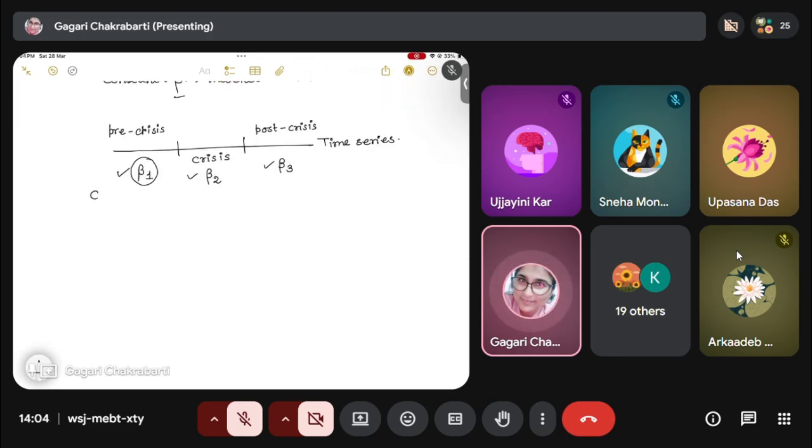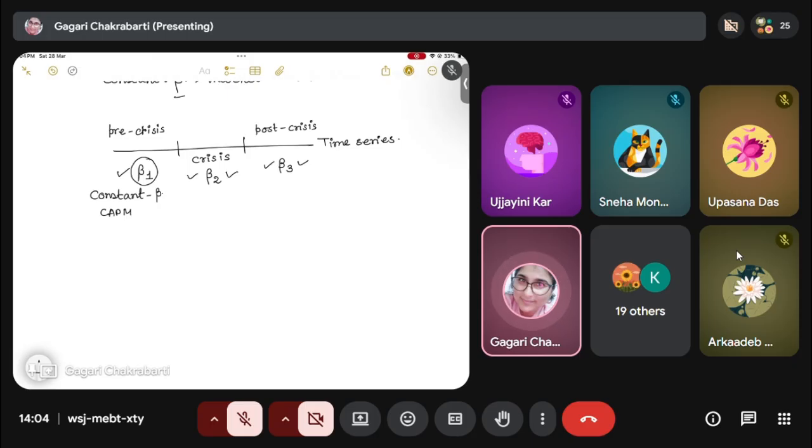So this beta is calculated using the constant beta CAPM. Similarly, in calculation of beta 2 and beta 3, we are using the constant beta CAPM.